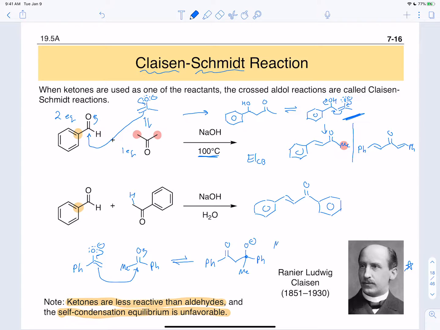It's more sterically hindered. And will result in an overall kinetically slower reaction. So this lets us use this productively where we can mix and match ketones with enolizable groups and aldehydes without enolizable groups to get these types of reactions to take place.